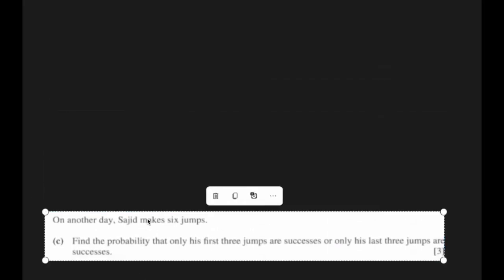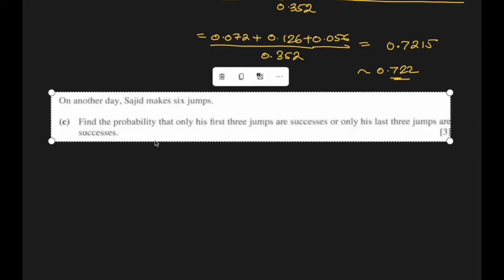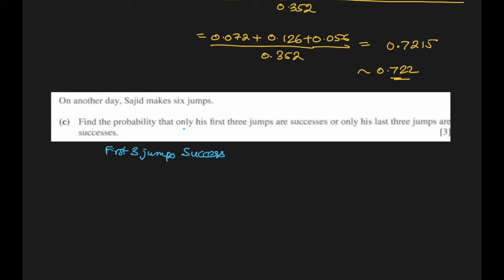On another day, Sajid makes 6 jumps. Find the probability that only his first 3 jumps are successes or only his last 3 jumps are successes. So we can write this as: first 3 jumps successes, and they're saying only, that means the others will be failures.